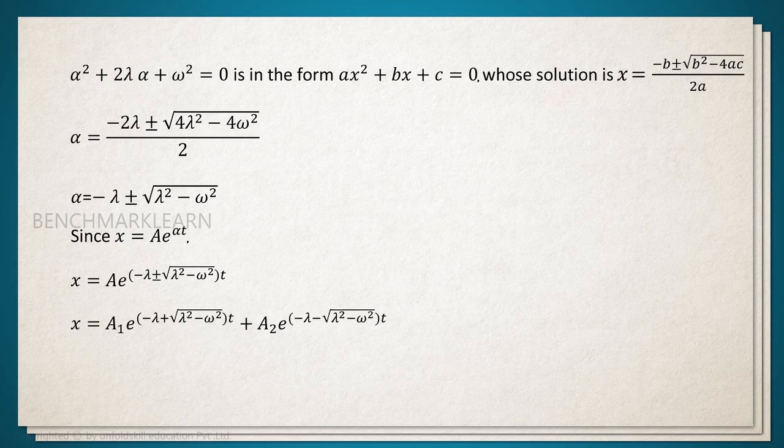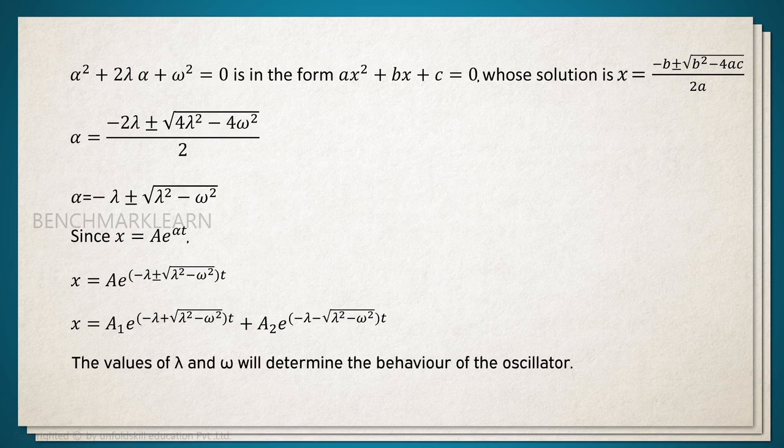That is x equal to a1 e raised to minus lambda plus square root of lambda square minus omega square into t, plus a2 e raised to minus lambda minus square root of lambda square minus omega square into t. Now, the values of lambda and omega determine the behavior of the oscillator.